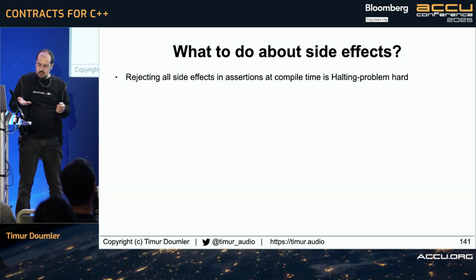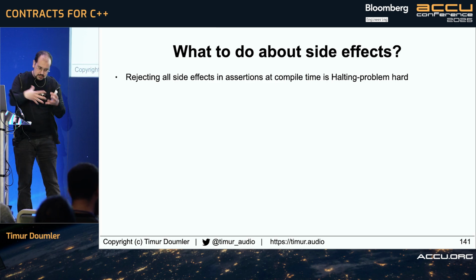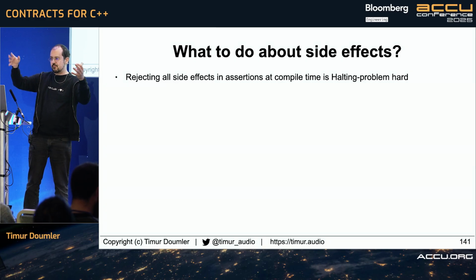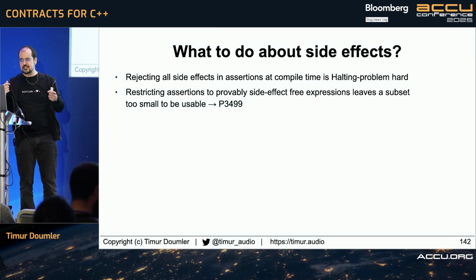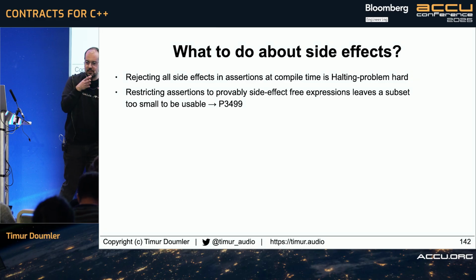What you could do is say, okay, we can't tell whether this contract predicate has a side effect, but the next best thing is to restrict it, and a couple of people are going to be nodding now, I guess. You could say you can only write expressions for which we can prove that they don't have side effects.